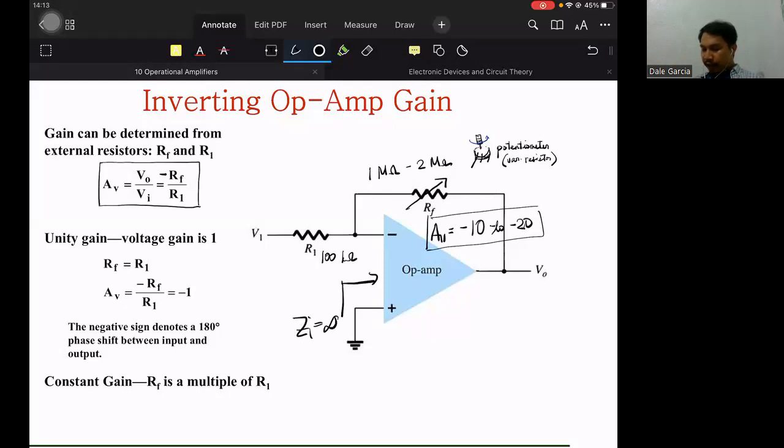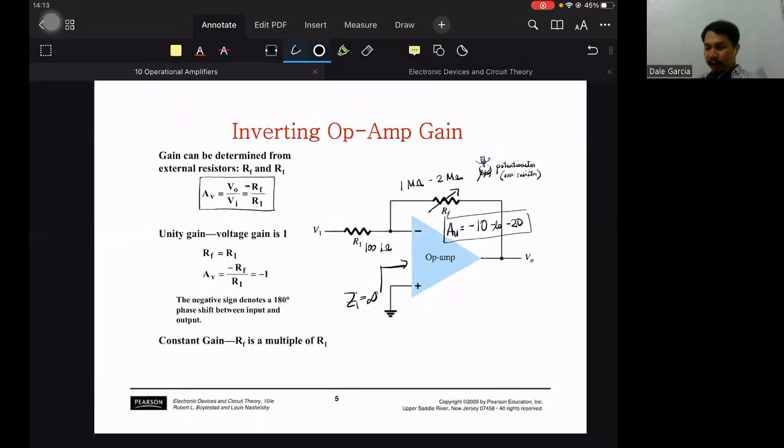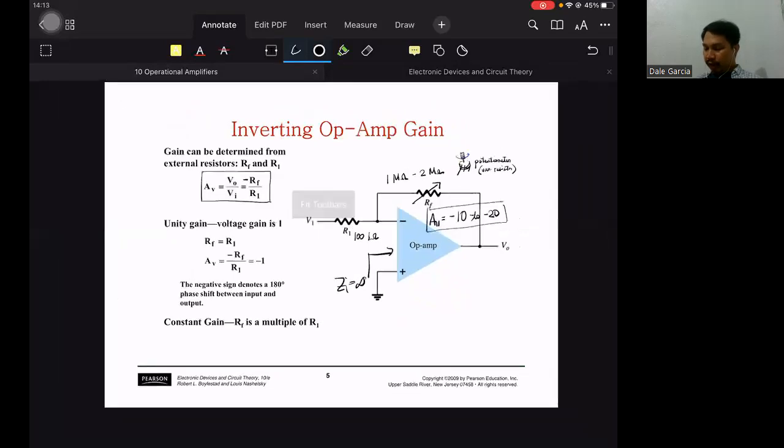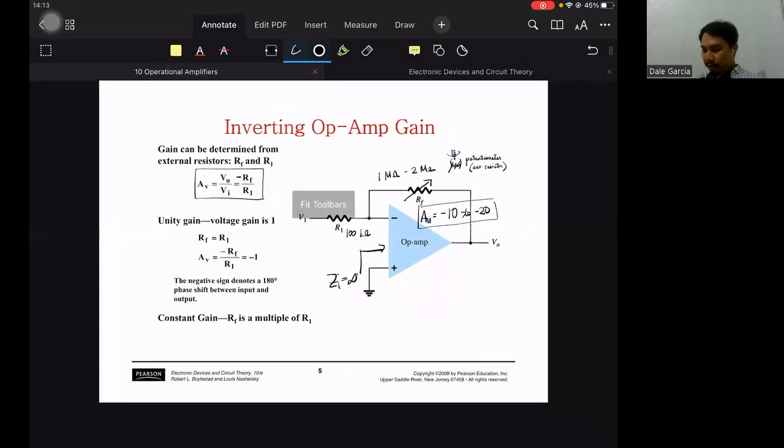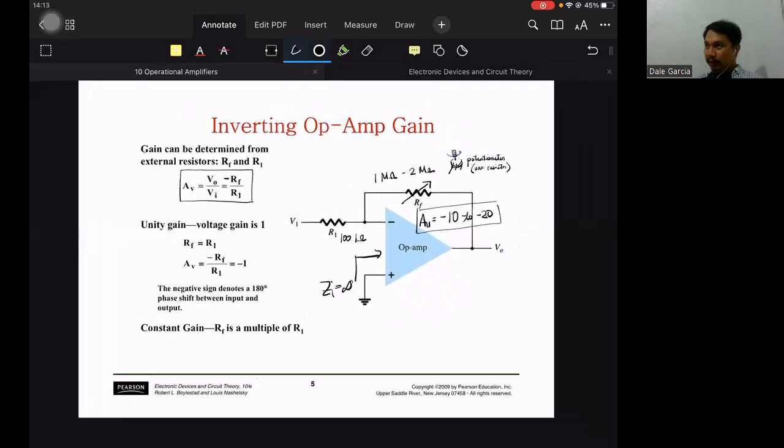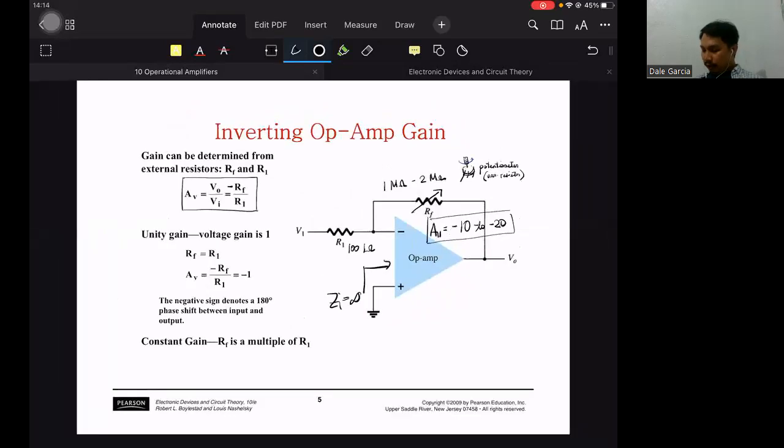If RF and R1 are equal, let's say RF is also 100 mega ohms and R1 is also 100 mega ohms, we have a unity gain amplifier. Okay. And I guess that's it for the inverting amplifier, with its computations and formulas with regard to its gain.